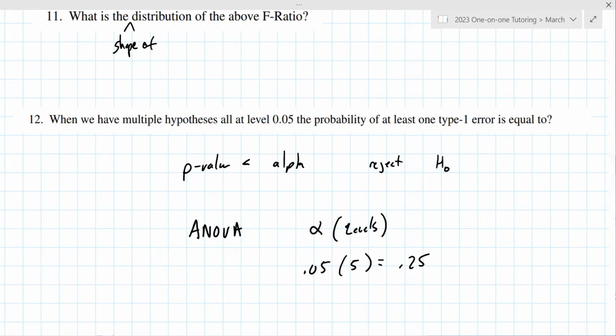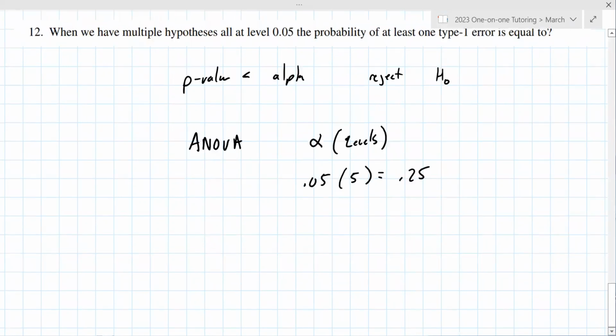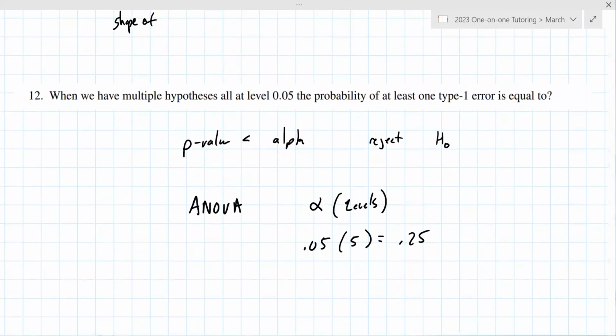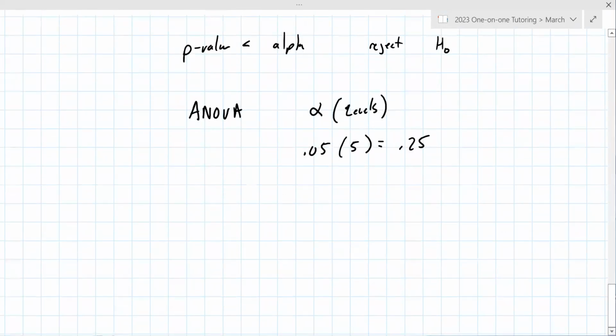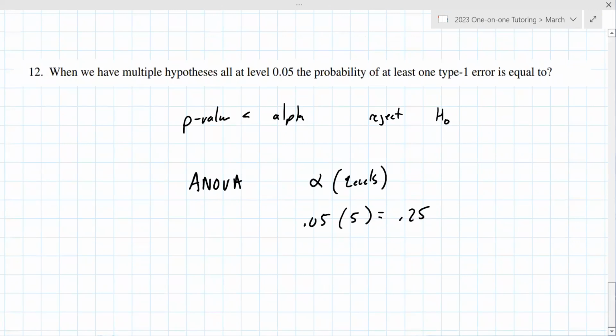And this is why in the ANOVA you can only claim that at least one is different. You can't claim which one is different without going back and doing the individual comparisons. So the purpose of ANOVA, practically, could you say it's similar to a chi-square test in that it's kind of a first step analysis to check that there is something to look further into?